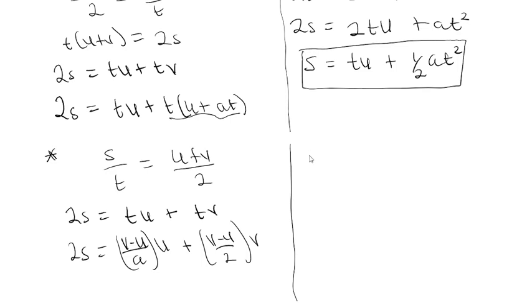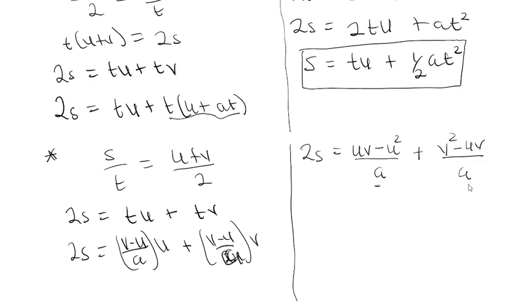We have 2s equal to uv minus u squared divided by a, plus v squared minus uv divided by a.